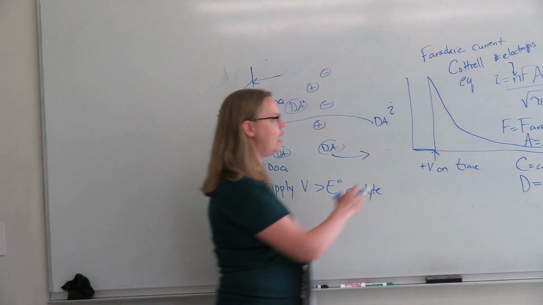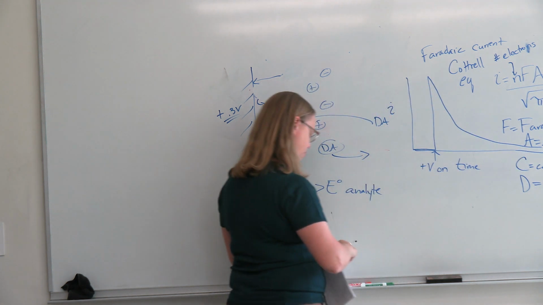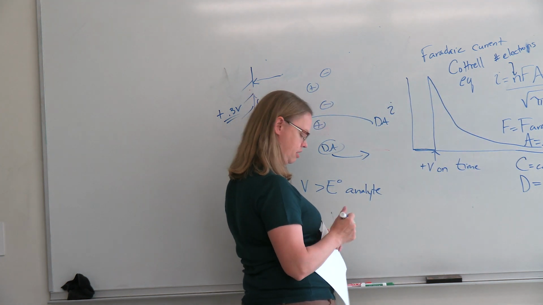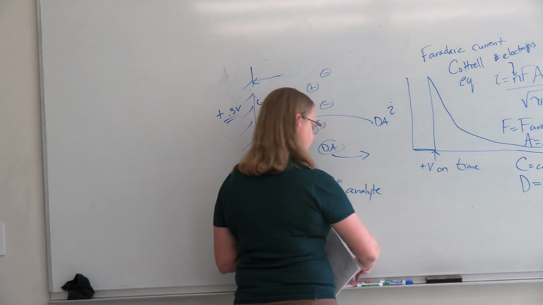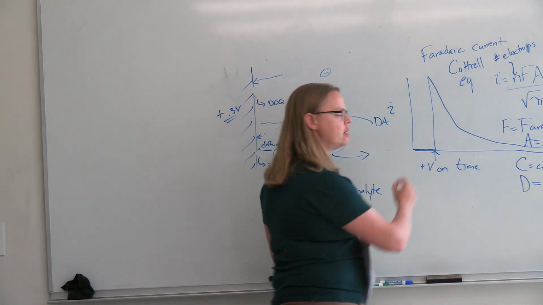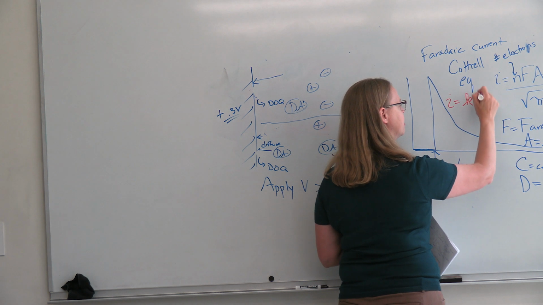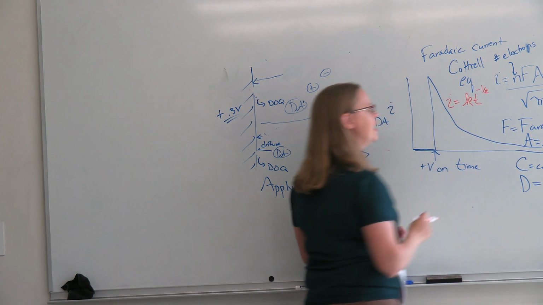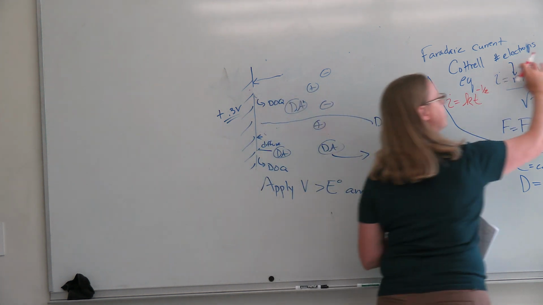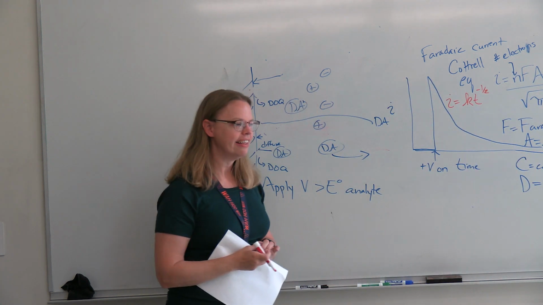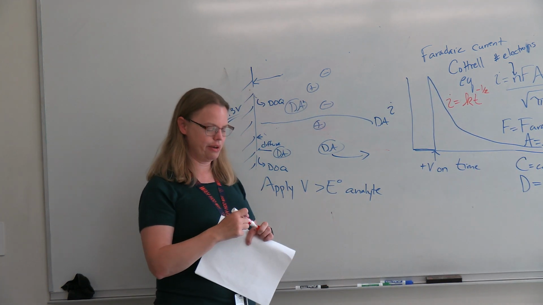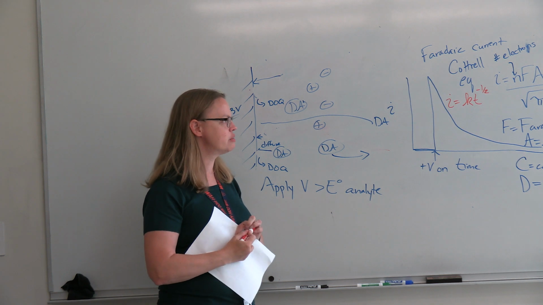But what really governs this drop off here is this square root of t in the bottom. And so you could basically make this whole equation into this: i is equal to k, all this other junk, including the square root of pi, which is proportional to t to the minus 1/2.